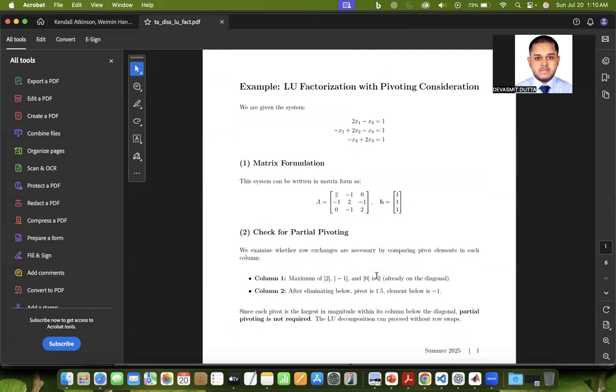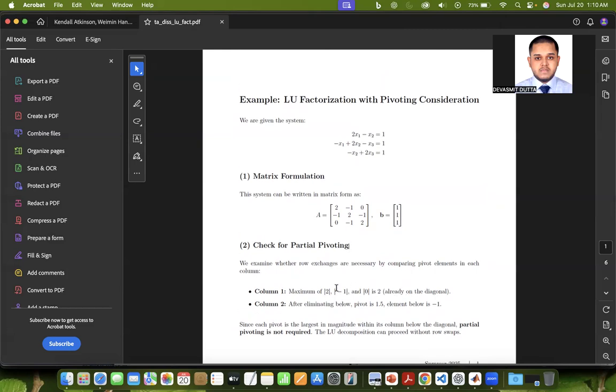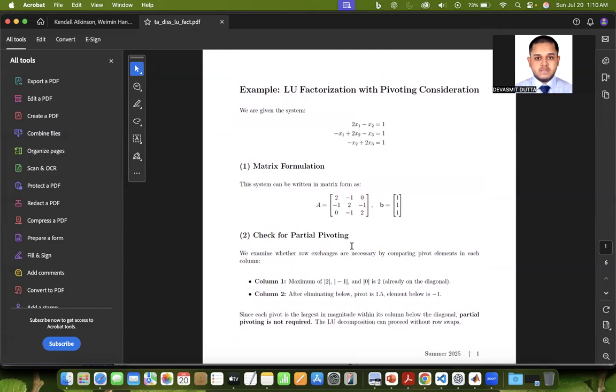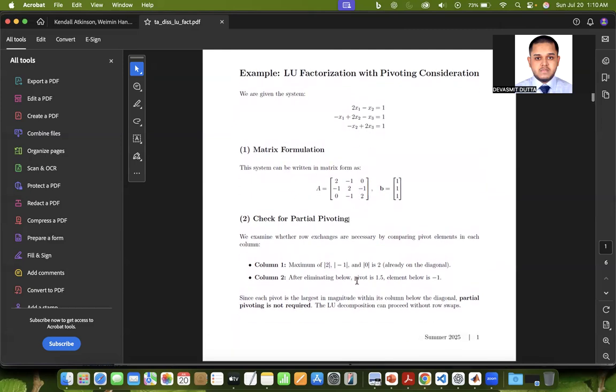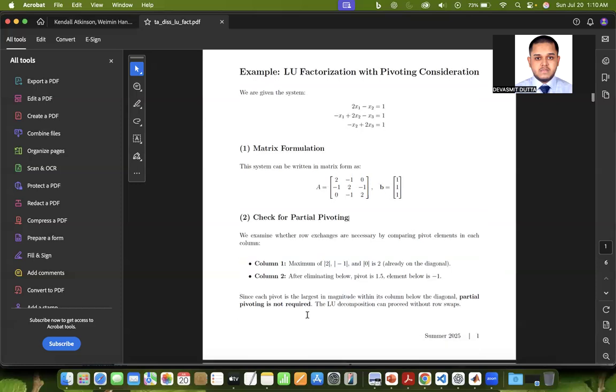The maximum, if you see here, is already 2, which is on the diagonal. So we don't have to go ahead with the partial pivoting steps. Each pivot is largest in magnitude within its column below the diagonal. So partial pivoting is not a required step here.